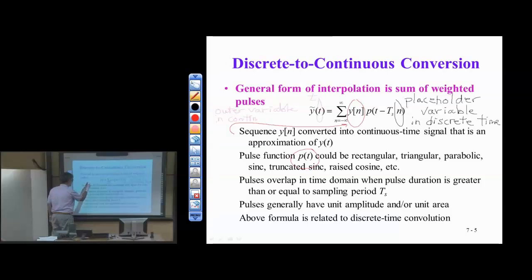And this is a way to convert from discrete time to continuous time.